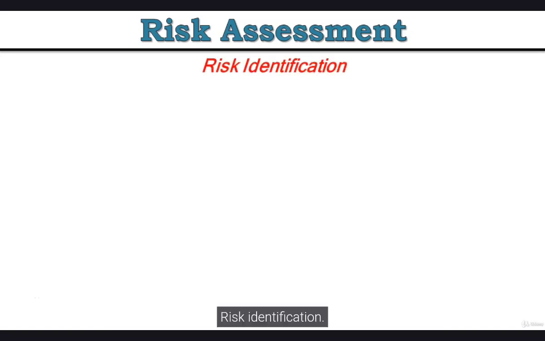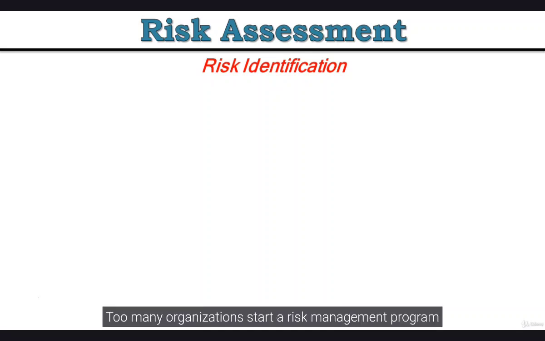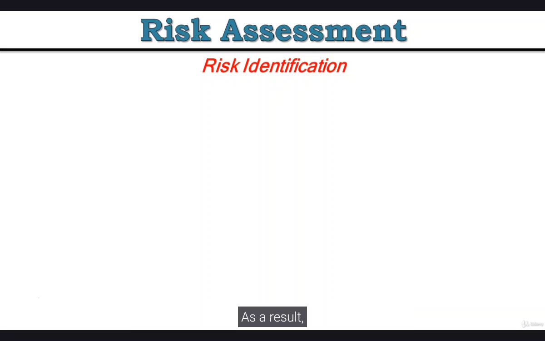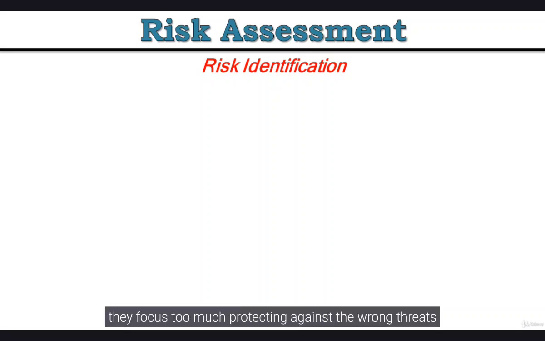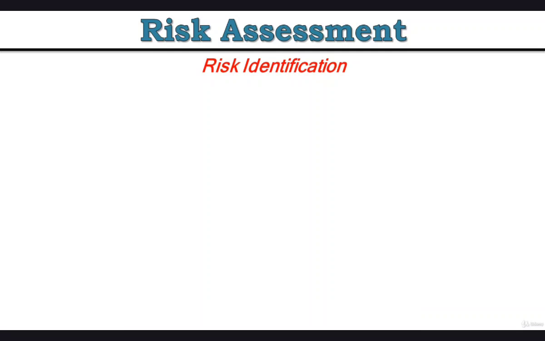Risk identification. Developing an initial risk register, which is a one-time effort, is necessary to identify baseline risks. Too many organizations start a risk management program without knowing what threats the organization faces or what consequences a disruption would have. As a result, they focus too much on protecting against the wrong threats or too little on protecting against threats that matter.